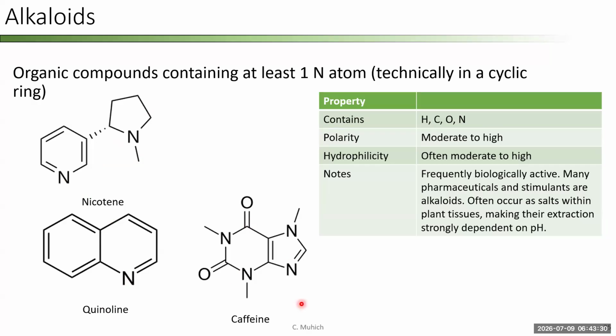These generally are moderate to highly polar. We've got a lot of these nitrogens sitting around. These are usually very biologically active and therefore are used a lot as the basis for pharmaceuticals and stimulants. So think caffeine, and so they're psychoactives.